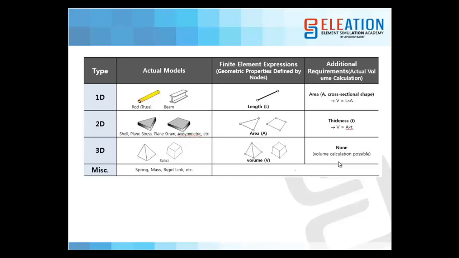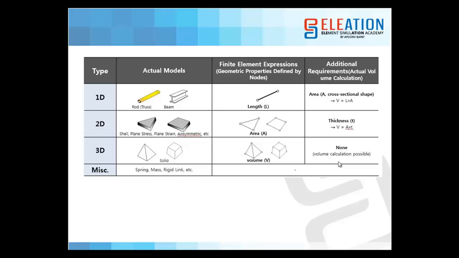Now in 3D we have, for example, solid components like hub, knuckle. These types of components are 3D components where all the three dimensions, that is length, width and height, are comparable. So we create 3D shapes of elements which are themselves complete in volume.